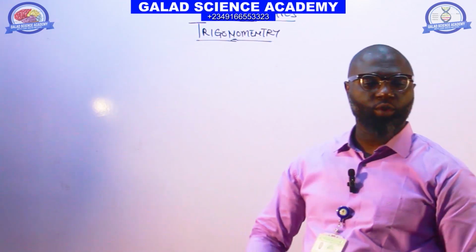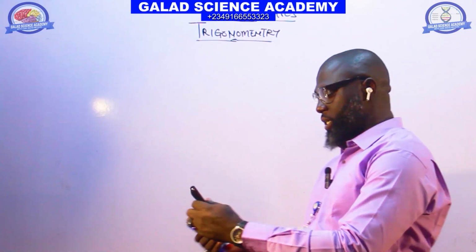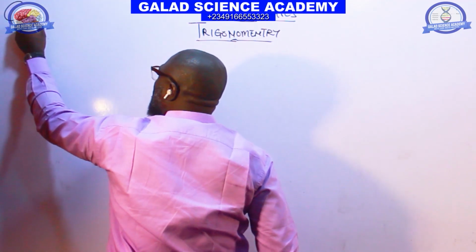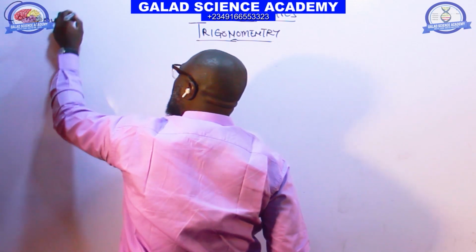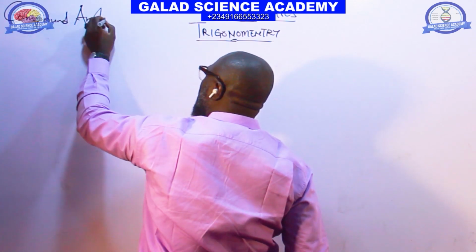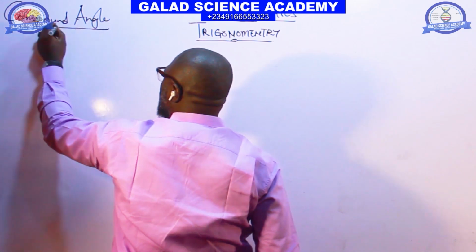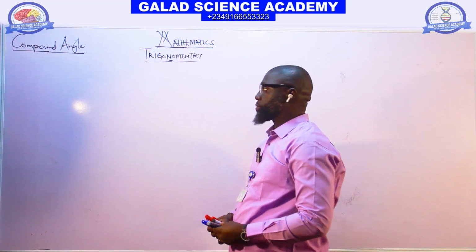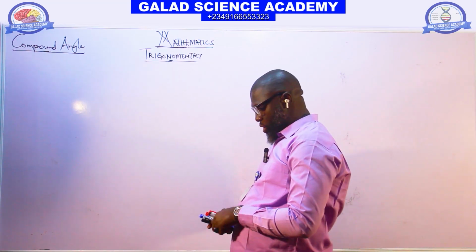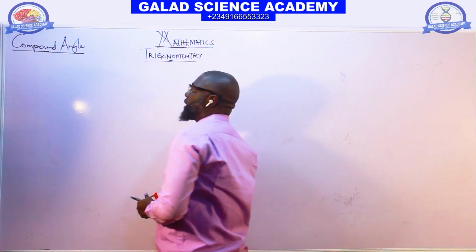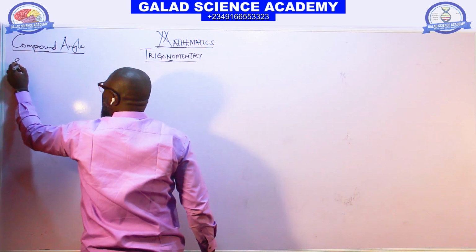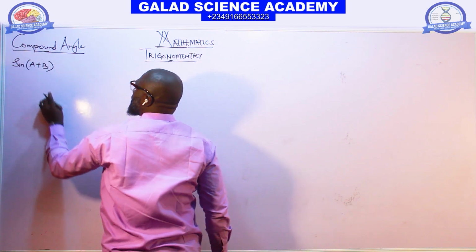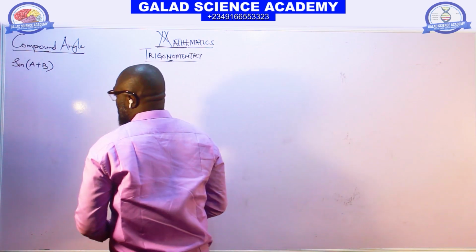The next aspect of trigonometry that we want to treat now is compound angle. So in this compound angle, let us start from sine of A and B, when they are compound.